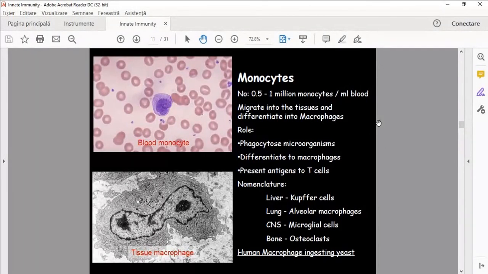As I told you before, they are able to migrate into the tissues and differentiate to macrophages, when they will have a different name related to their resident tissue. For example, if they are located in liver, they are called Kupffer cells.